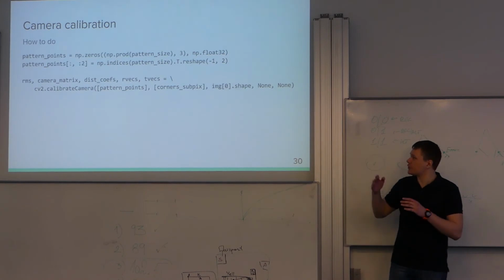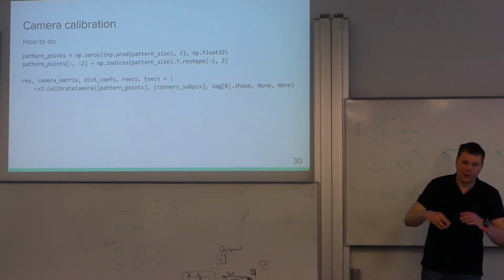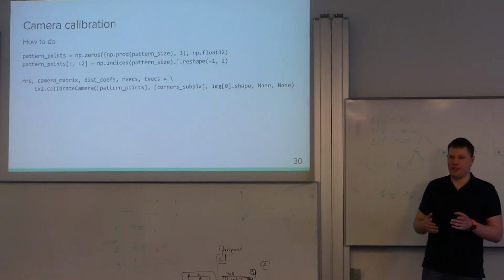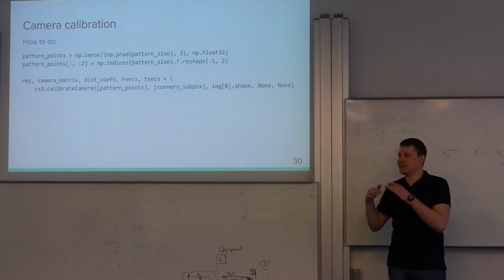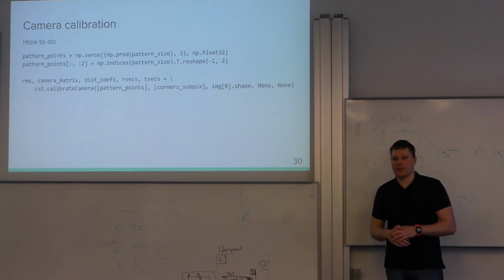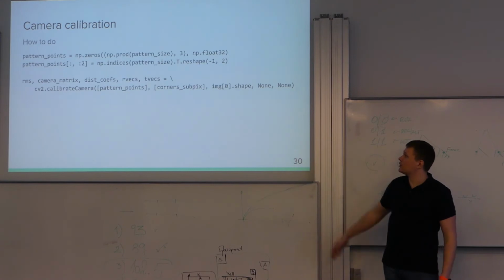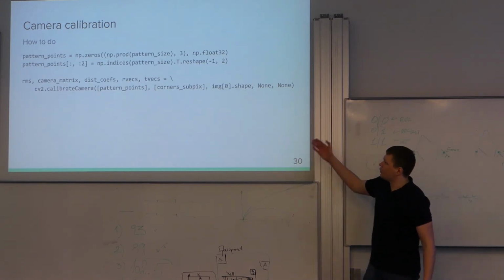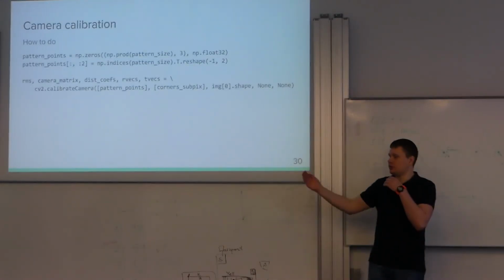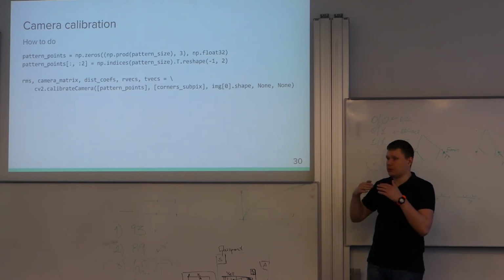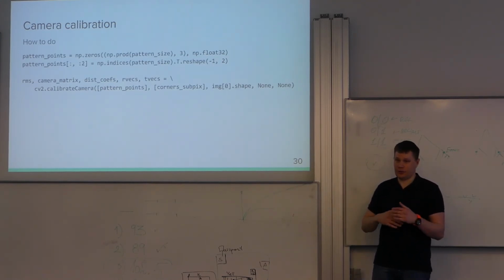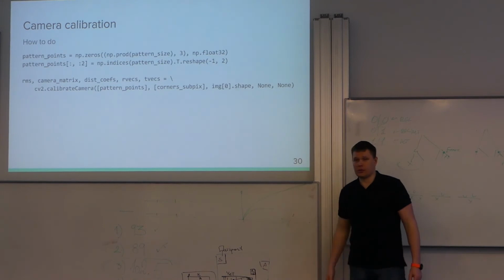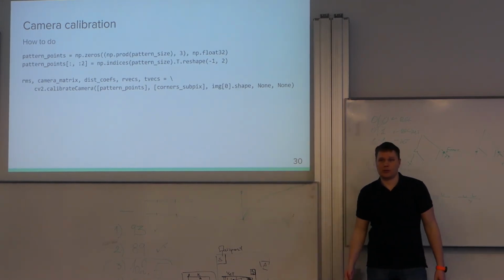It's just because cv2 calibrate camera expects a list of lists of the points and a list of the corners. But it doesn't actually change. You need to collect all of your pattern points as a list and also the corner points, also as a list of lists.